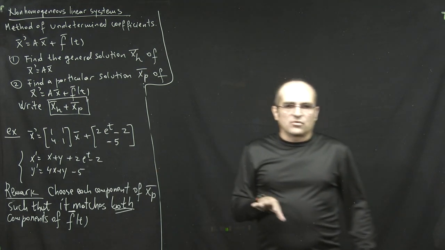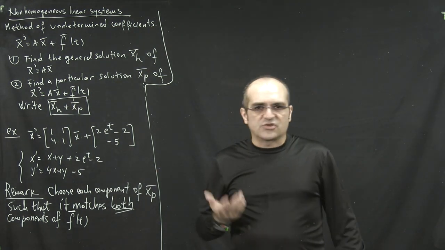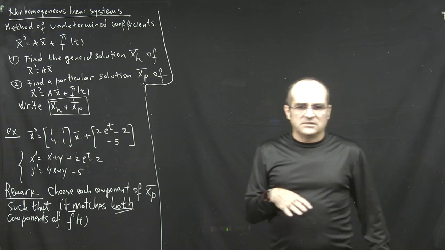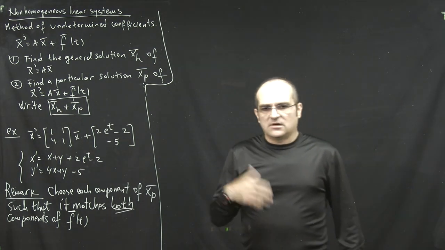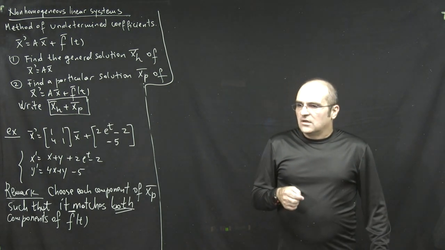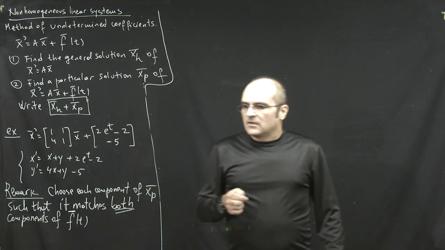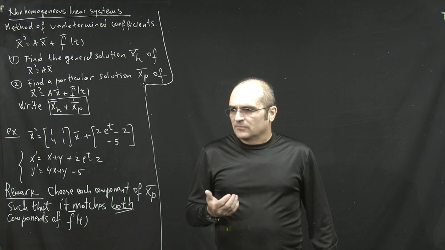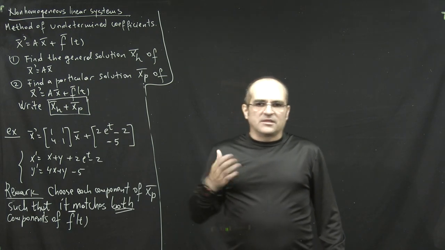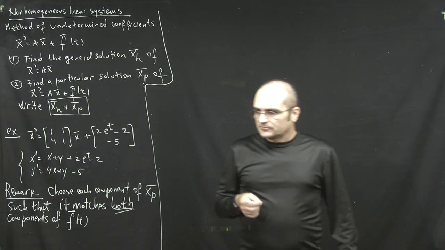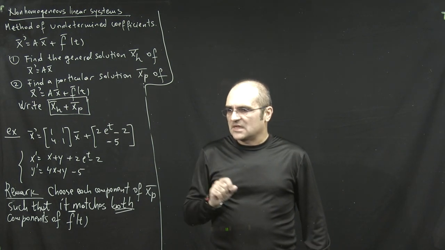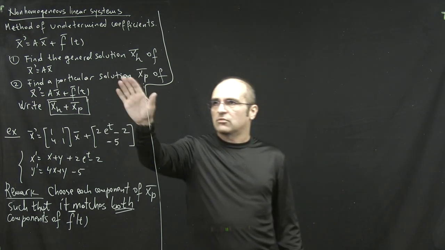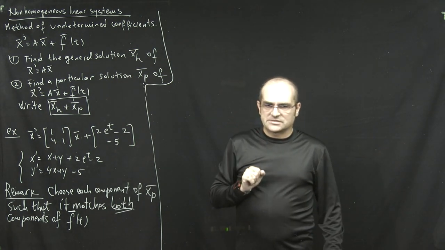Incidentally, there are other methods. There's a method of variation of parameters, which is not part of this class, but I may add it later after the class ends, just as a completion of this theory. There are many other methods which are not part of the class, but for this class right now, we're going to focus just on the method of undetermined coefficients.